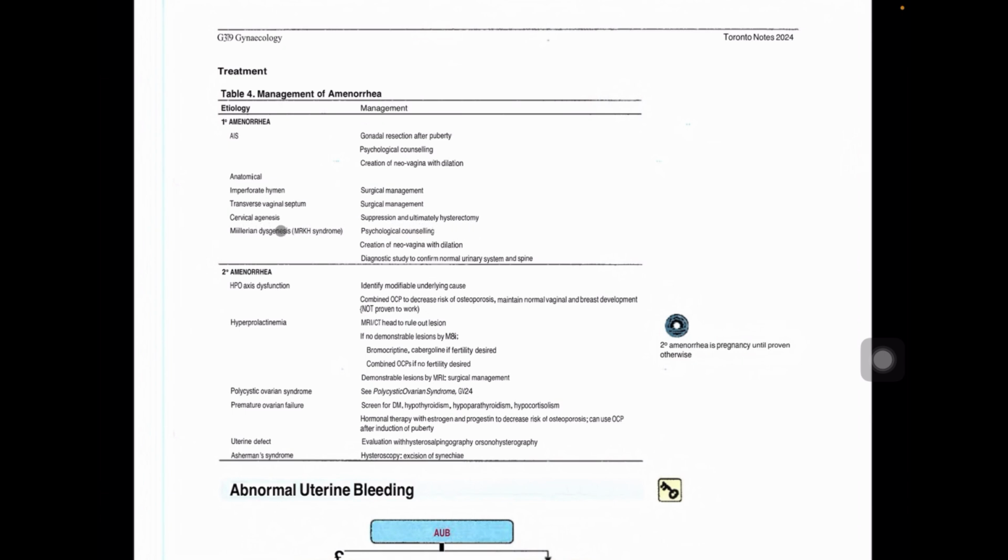Mullerian dysgenesis, also known as MRKH syndrome: psychological counseling, creation of a neovagina with dilation, and diagnostic study to confirm normal urinary system and spine. So for all these primary amenorrhea causes, you need structural or surgical management, or psychological counseling along with that.